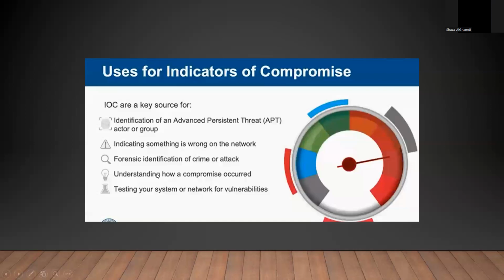So we can see the IOCs are related to APT, and also related to alerts coming to the SIEM, and also related to forensics. All of them are really connected dots in the same arena of detections. Understanding how the compromise took place means that we can build the evidence, so we can have a story now of how this guy managed to compromise the system.